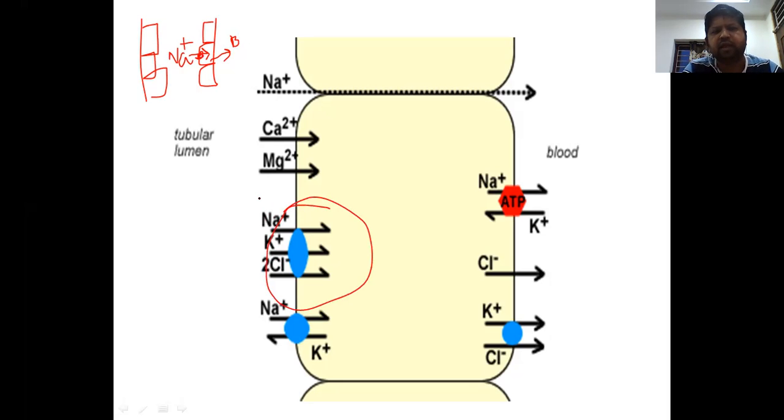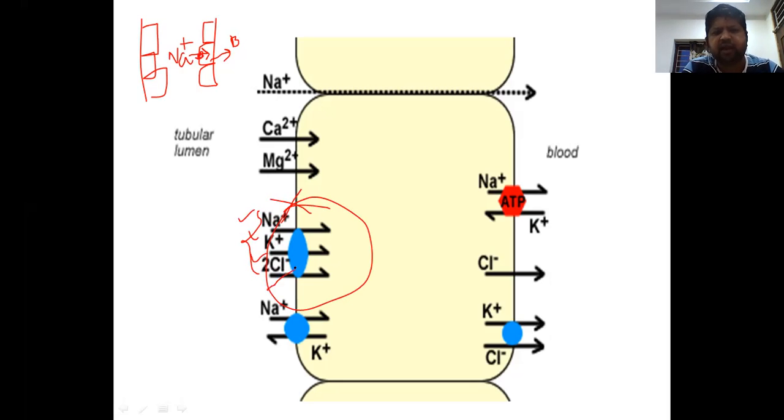Loop diuretics will block this co-transporter, and thereby they will prevent the reabsorption of sodium, potassium, and chloride. When these three ions are reabsorbed by a primary transport system, this uses energy, as I told you.